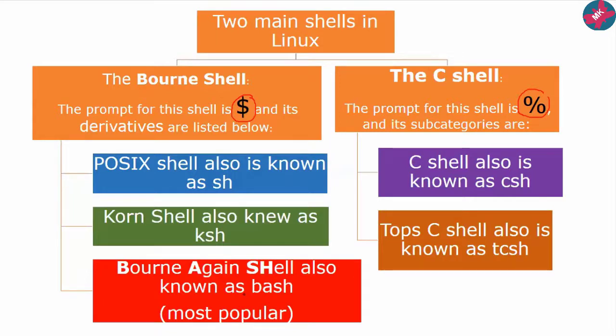We will be doing all our programming in bash because it is the most popular and widely used shell. Under C shell there is the C shell and TCSH. Mostly whatever we do, we will do in the bash shell.